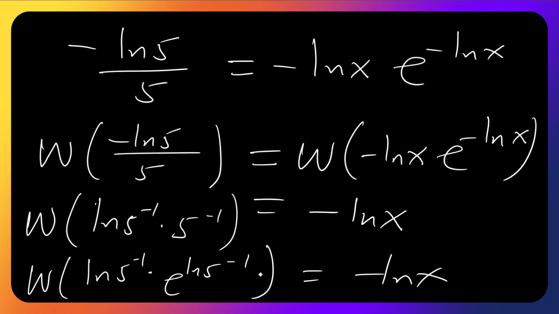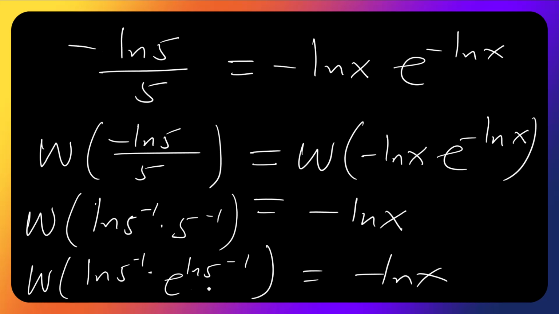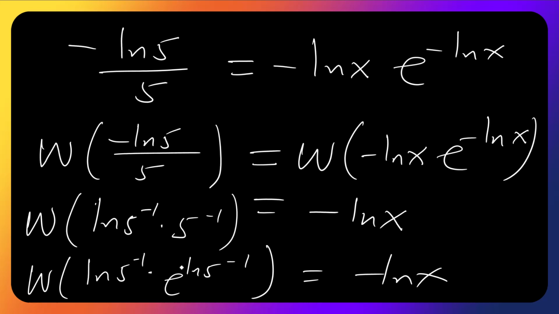Okay, so we have the two being equal here, so I can apply the W function. Now let's send this one here and this one there. So that will be negative ln of 5 times e, so the minus will come here.